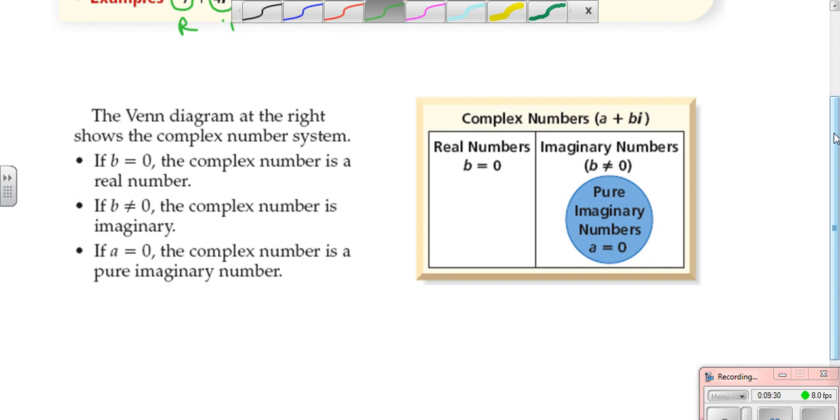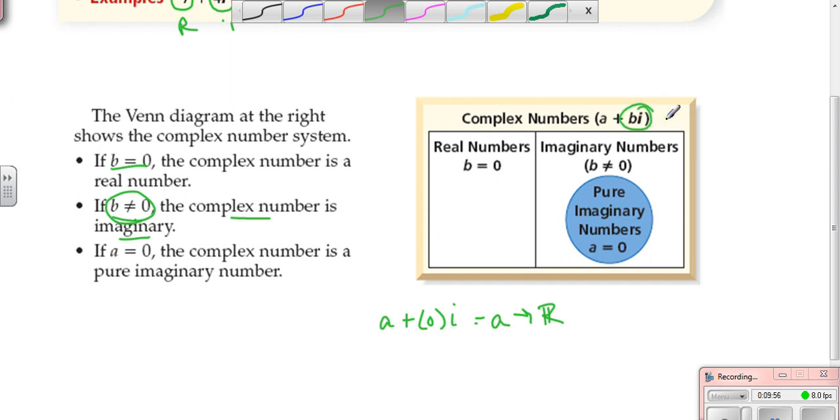Now, just a little math background. The Venn diagram at the right shows the complex number system. If b equals 0, the complex number is a real number. So if you think about a plus 0 times i, I'm left with a, which is real. If b is not 0, then the complex number is imaginary.